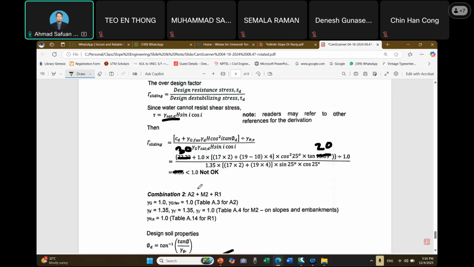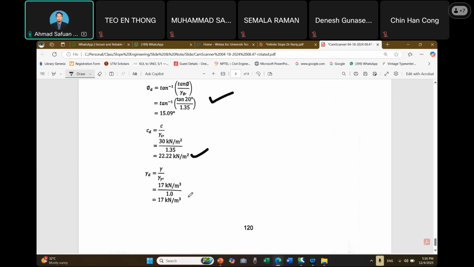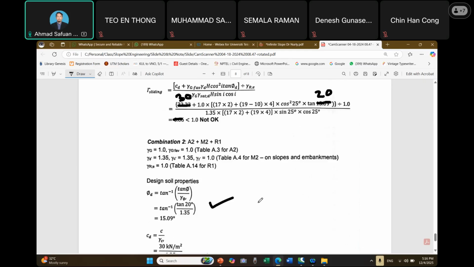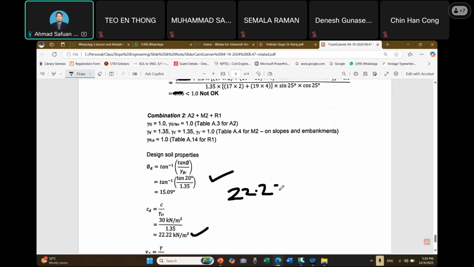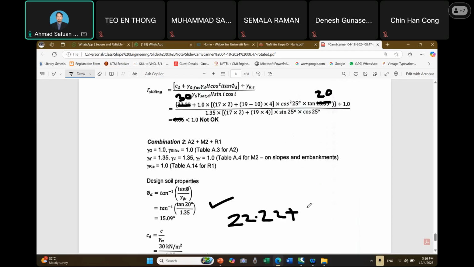Then we try to solve for combination 2. So the CD is equal to 22.22 plus 17 times 2 plus 9 times 4, cos 25 cos 25, tangent 15.09. Plus 22.22, we obtain 37.72.